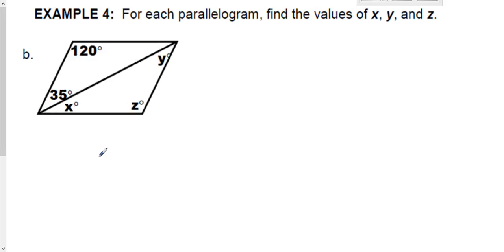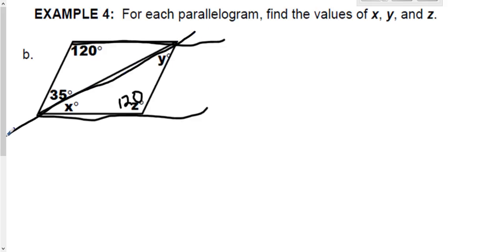Example B here. Now pay attention to this one with the diagonals. We'll start off with an easy one. Here's opposite angles. They're congruent. So z is 120. Now, when you have this diagonal right here, these are parallel lines, right? Opposite sides, cut by a transversal.